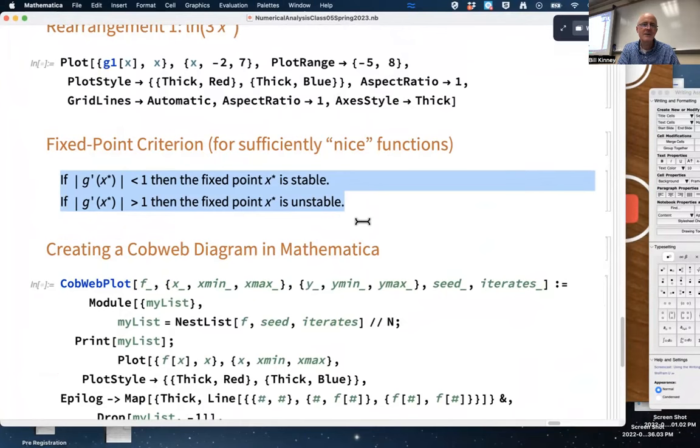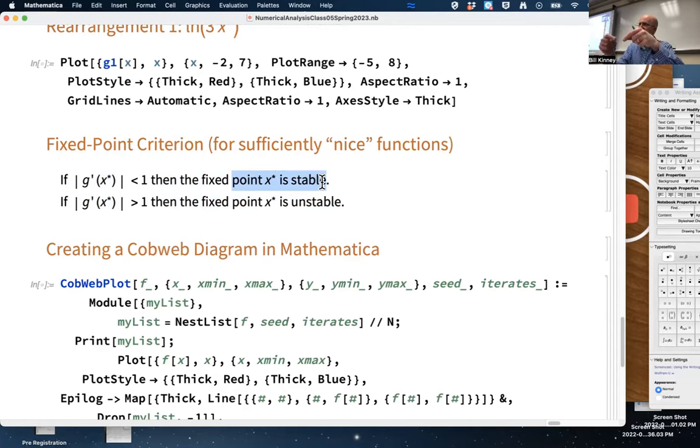If the absolute value of the derivative of the function you're iterating, g in this case, is less than 1, then the fixed point called x star here is stable. Nearby seeds generate sequences that go toward the fixed point. On the other hand, if the derivative is bigger than 1 in absolute value, then the fixed point is unstable. Nearby seeds generate sequences that go away from the fixed point. Attracting versus repelling is the same as stable versus unstable.